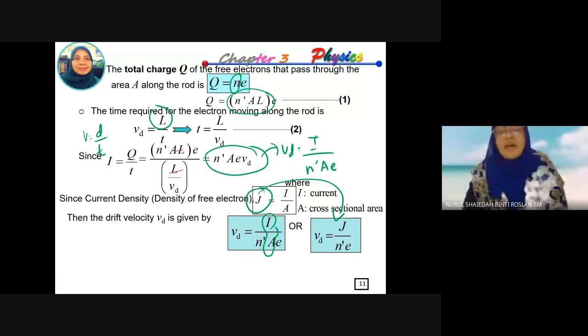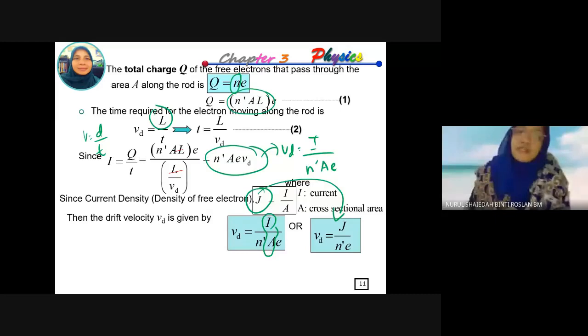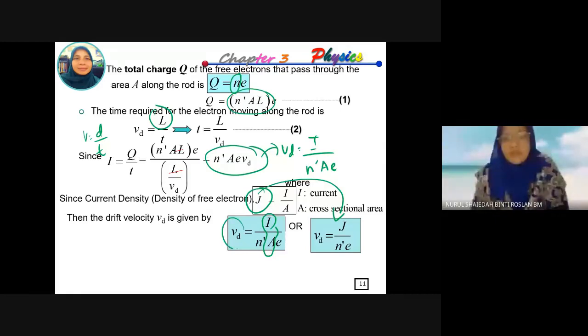No need to know the derivation, the formula is given. You just need to know the symbols. What is Q? Q is charge, N is number of electrons, E is electron. VD, remember what VD is? VD is drift velocity. There are two formulas you can use. I is current. N prime is the number of electrons per volume.